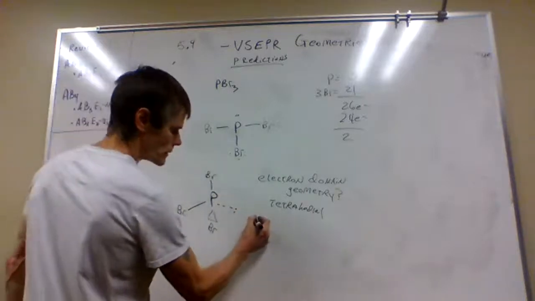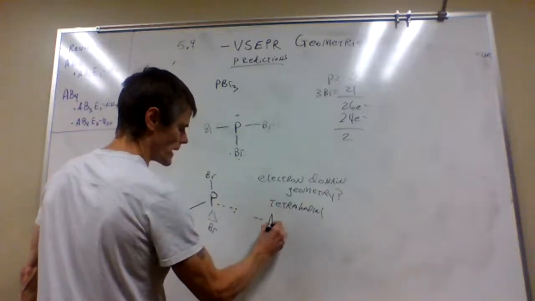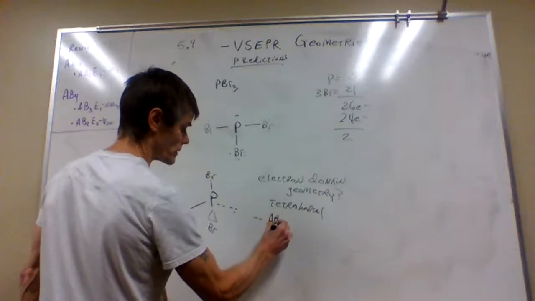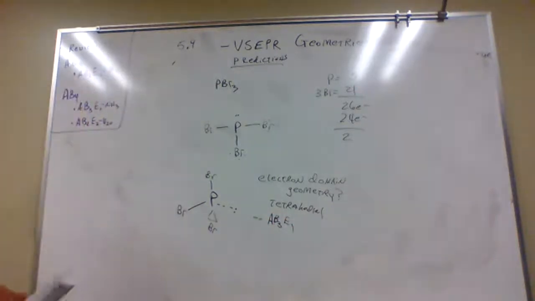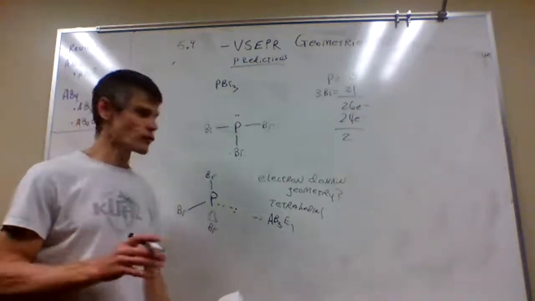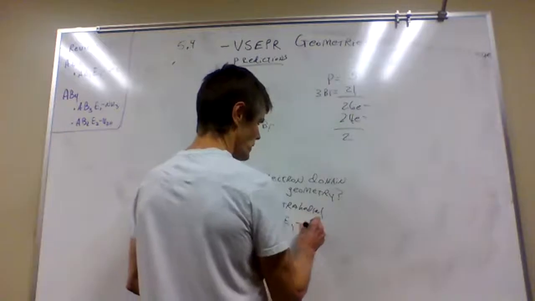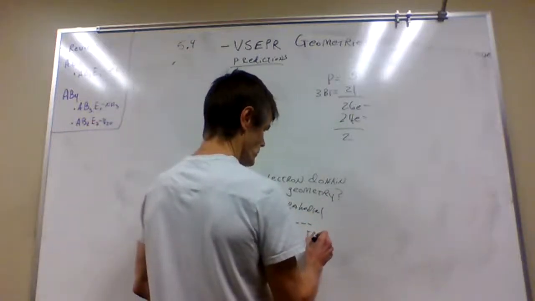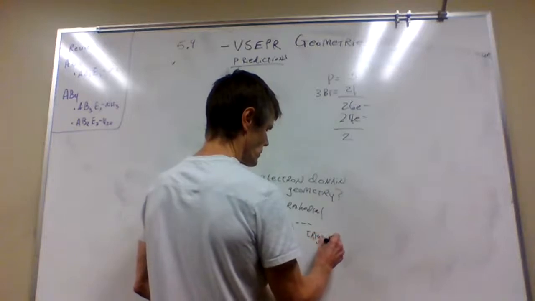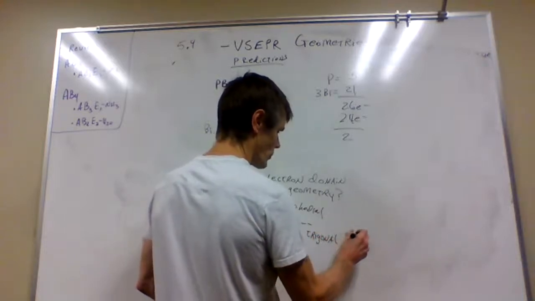So this is an example of an AB3E1, which is quite similar to NH3. And we would expect the molecular geometry to be trigonal pyramidal.